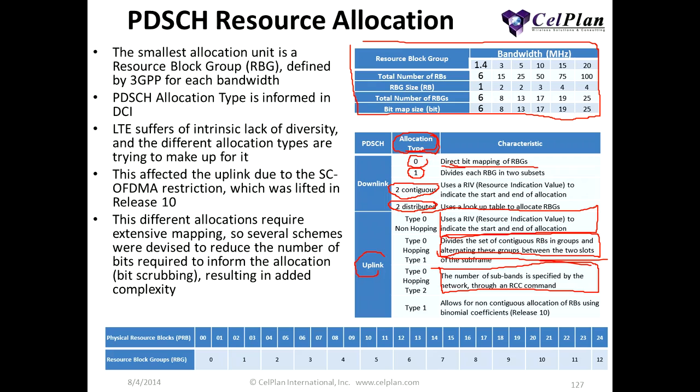Then we have type 2 hopping, that is a little bit more sophisticated, and the RRC specifies where the UE should hop. There is a table for it also. And then we have type 1 that only appears more recently in release 10, and it provides more and more diversity.